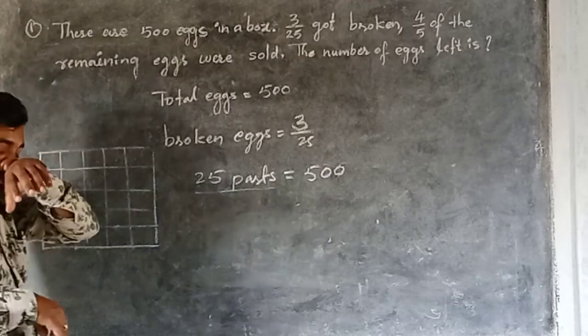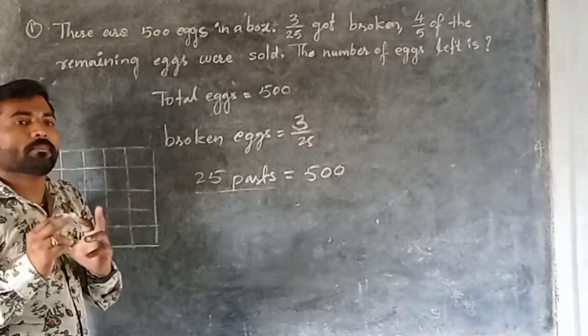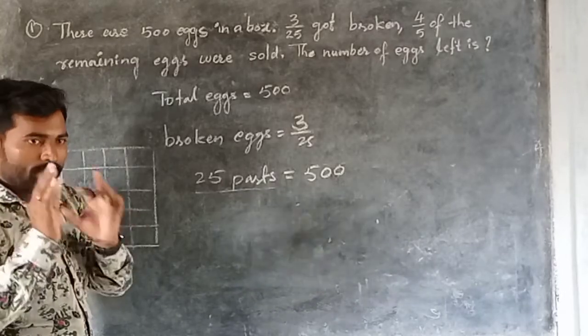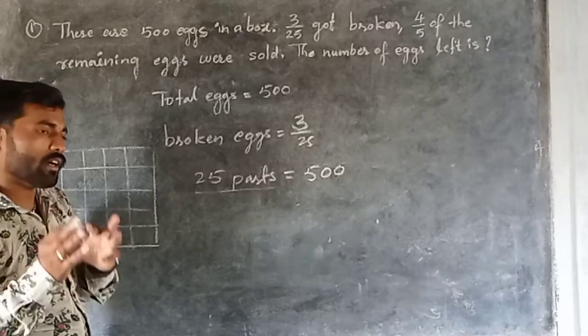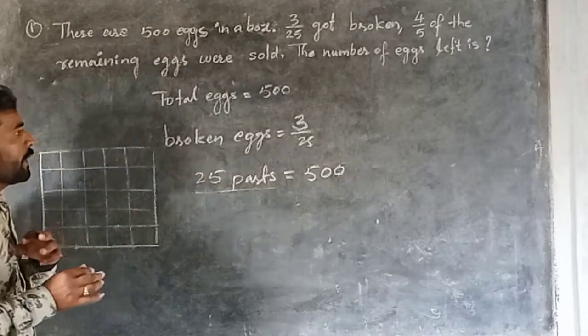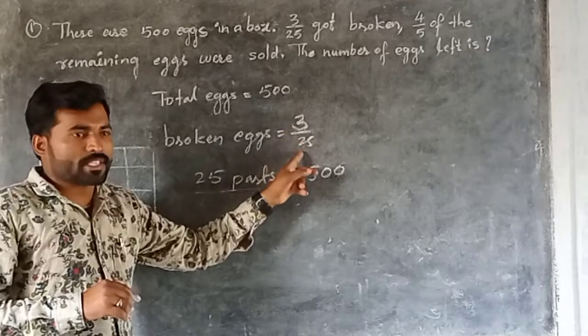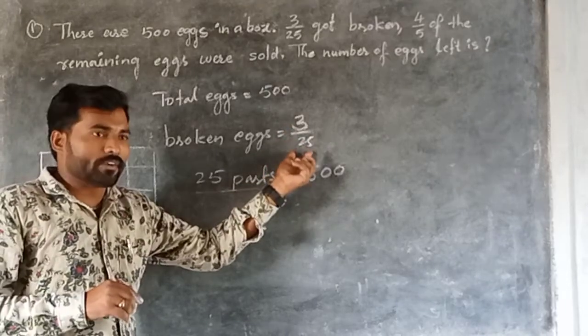Okay, listen. My dear students, listen. First of all, let us discuss the question. You understand? After that, we will do the solution. Here, 3 by 25 is given. Total parts are 25.